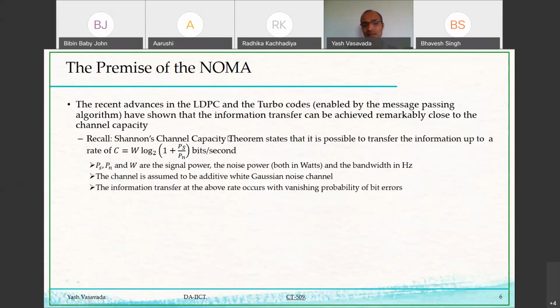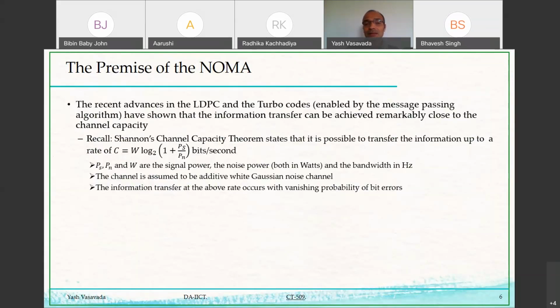Why can I make use of the channel capacity formulation? Because I will assume that this channel capacity, which is given by this formulation we are familiar with, is attained by either the LDPC or the turbo codes.